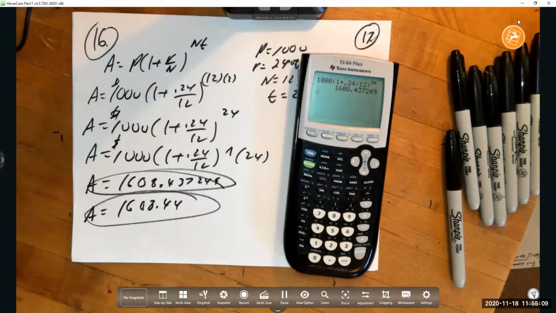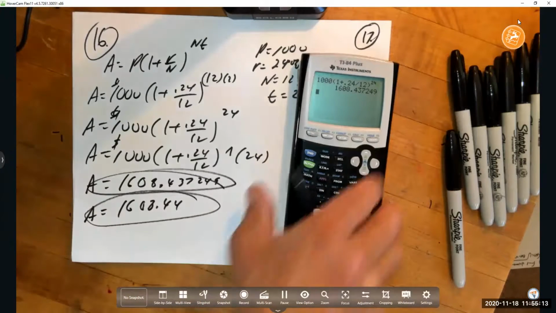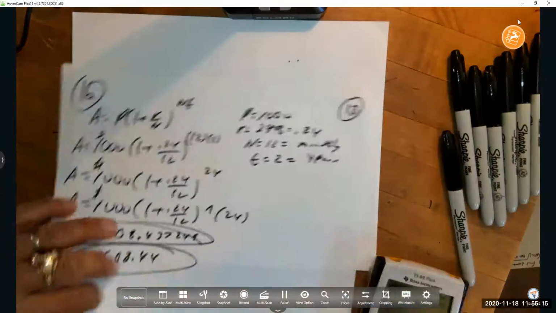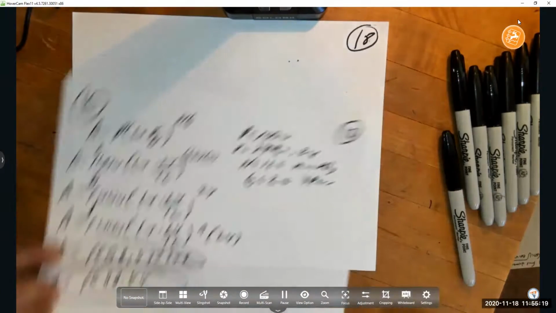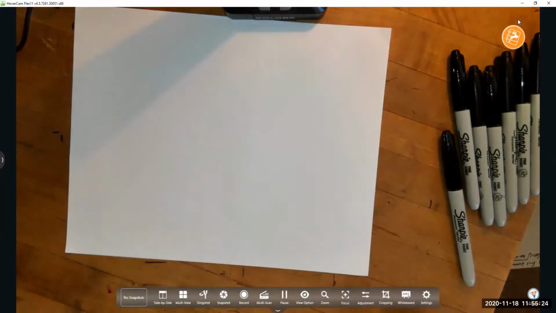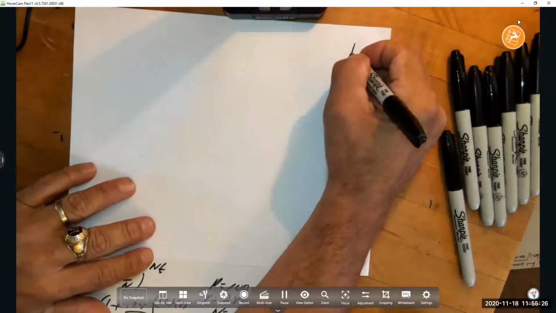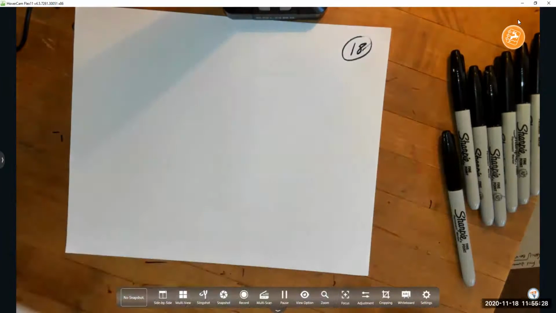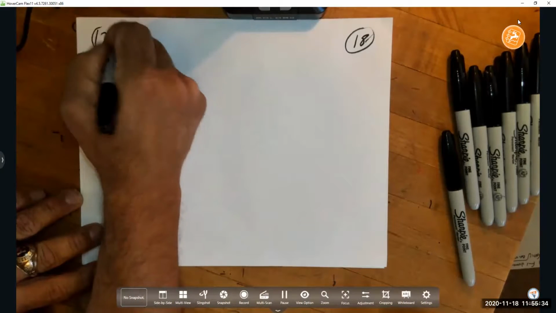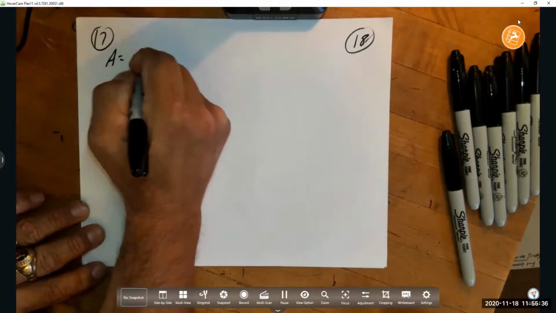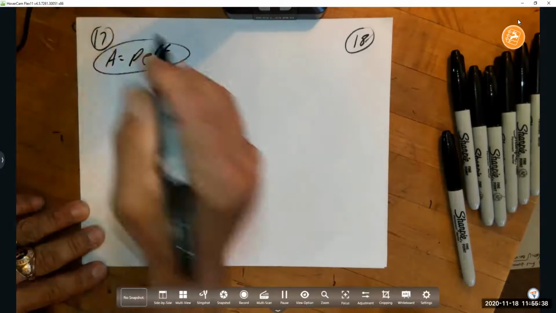Okay, let me do one more. One more of these and I'll stop, okay? One more like this. Number 18 says A equals P e to the rt.